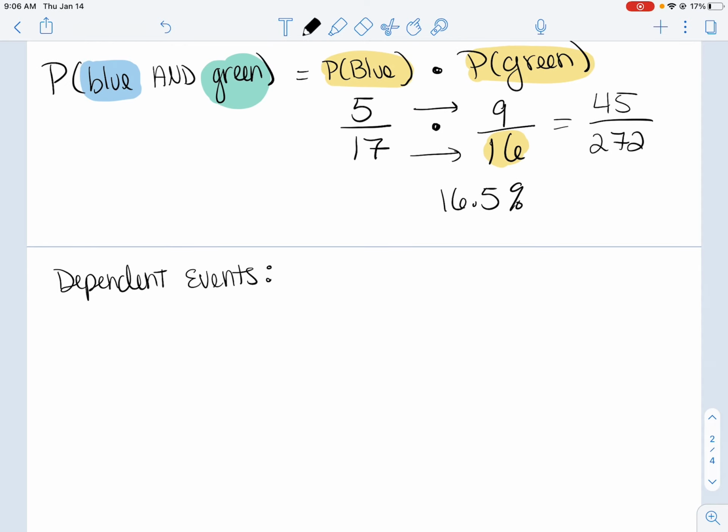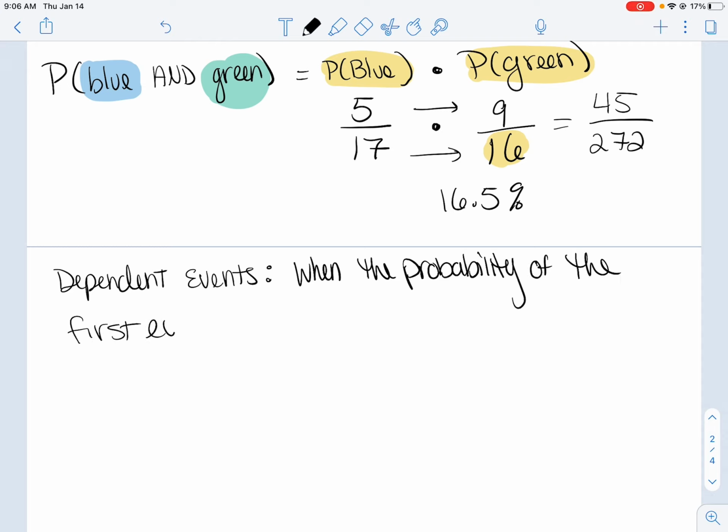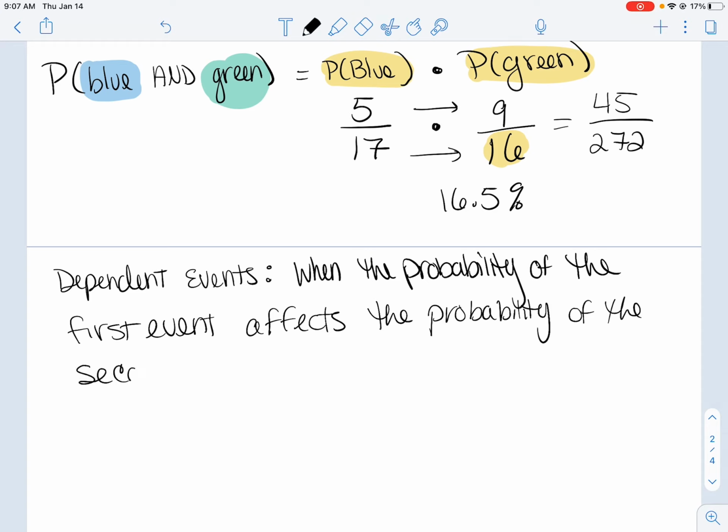So 2 dependent events are when the probability of the first event, like picking a blue marble and not replacing it, affects the probability of the second.